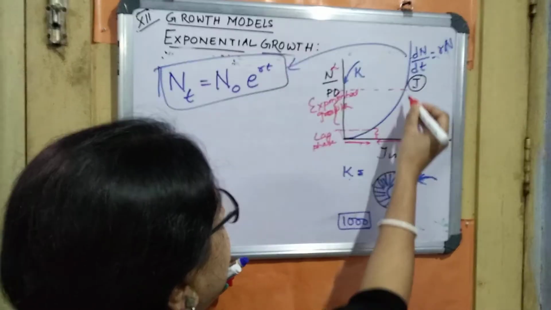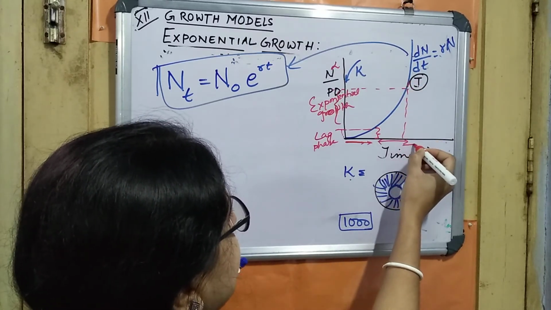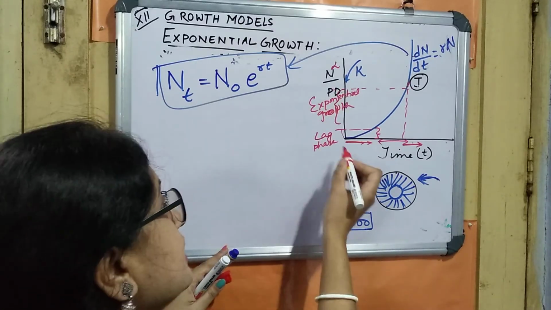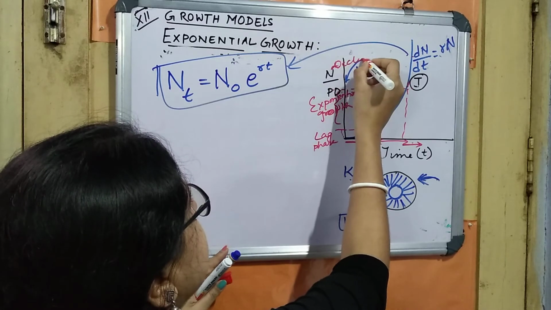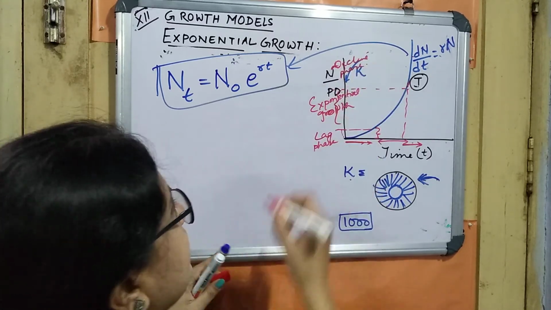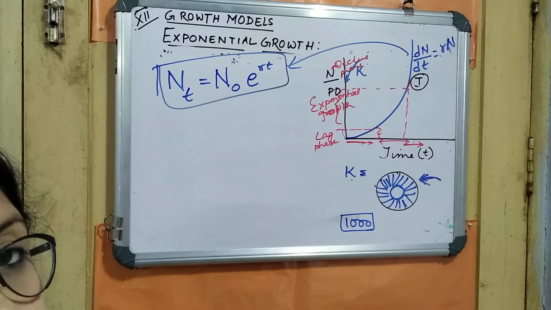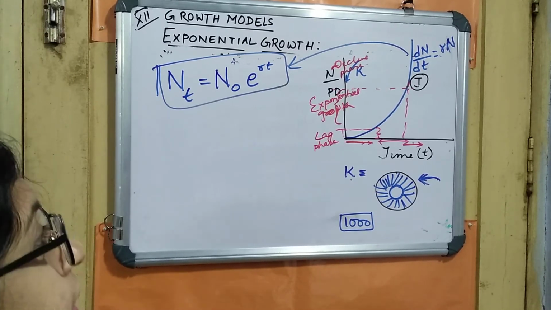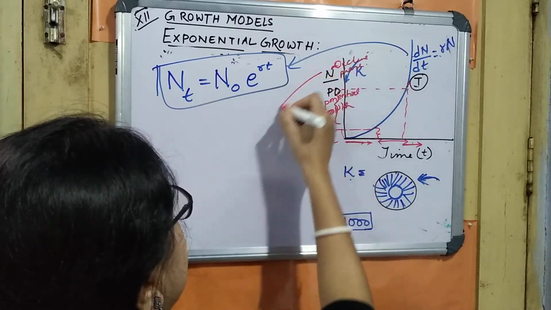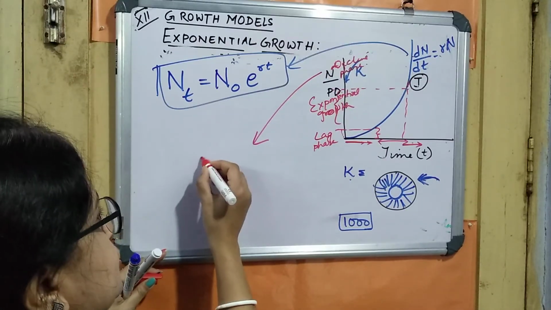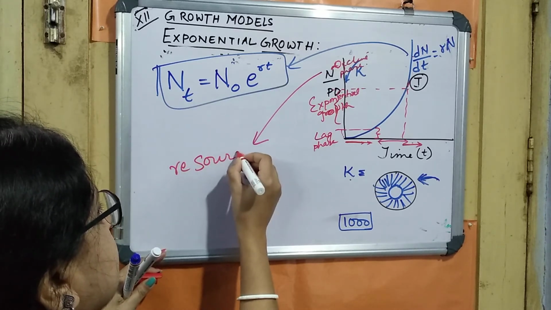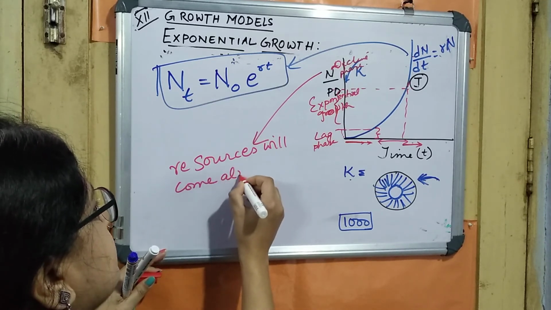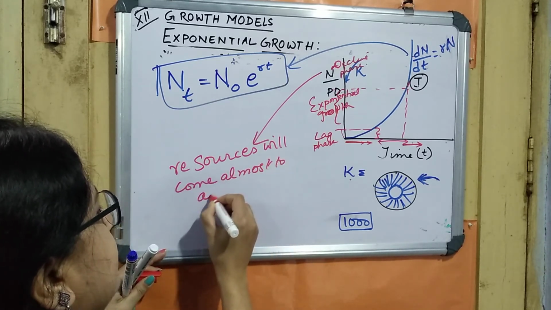So here we see that along with the time, this much time is going, but there is no such rise in the population, right? So in this case we can say that it is a decline phase. That means in this phase it can become a stable population, right? So this results in mass starvation. When there is the decline, we can say the resources will come almost to an end.